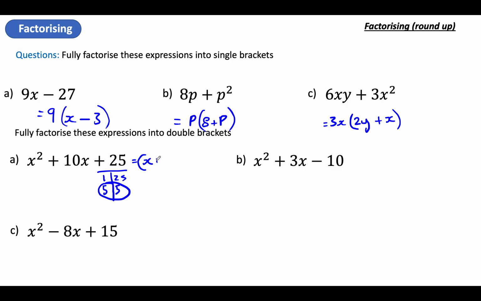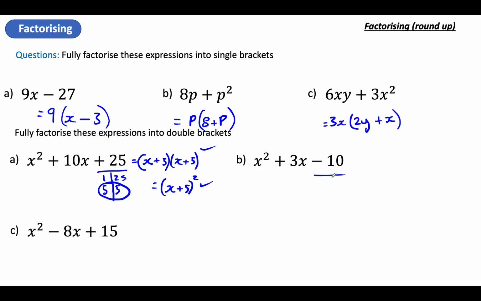They're both positive, so it's x plus 5 and x plus 5. Doesn't matter which way round those go, as long as it's x plus 5 and then x plus 5, which is my little joke. Anyway, you could have put it as x plus 5 all squared. Either of those is fine.